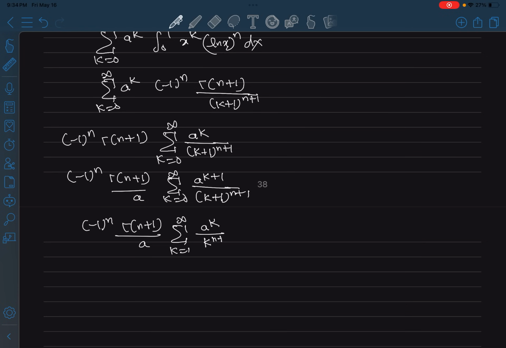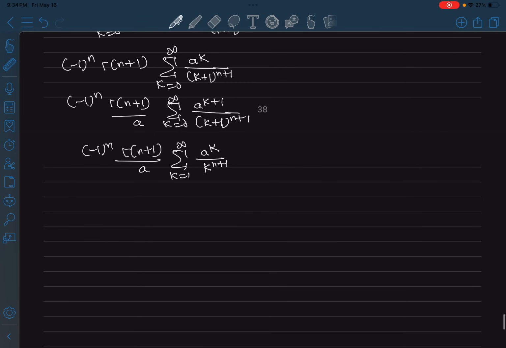Now we see that this is in the form we want, and we know that this is Li_(n+1) of a, right? And that's the formula we wanted to prove.